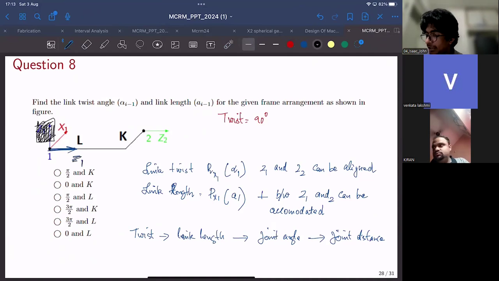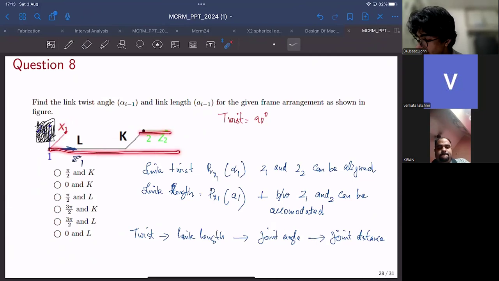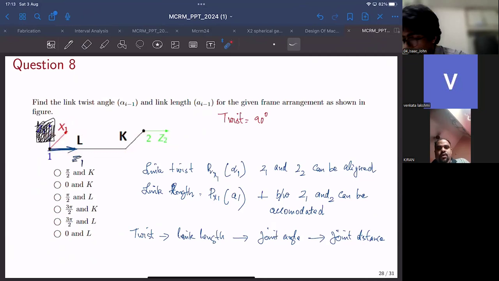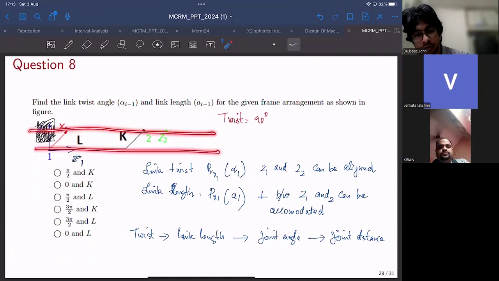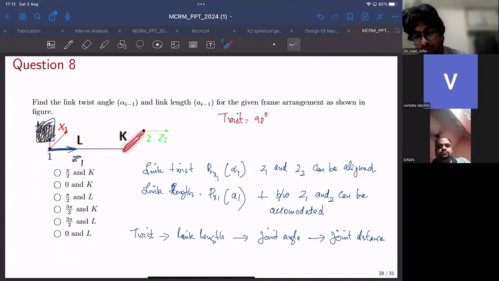And now link length would be the distance along X1 so that the perpendicular distance between Z1 and Z2 can be accommodated. So now this is Z1, this is Z2, and this is actually out of plane. The perpendicular distance is that.